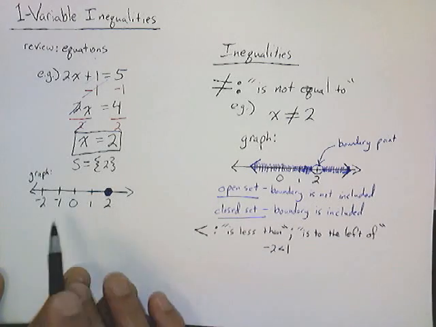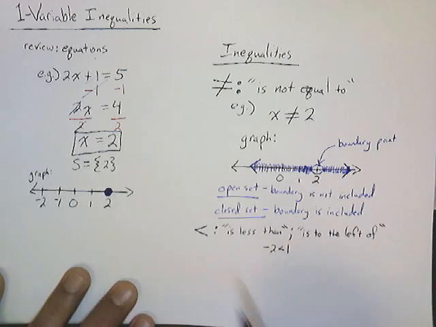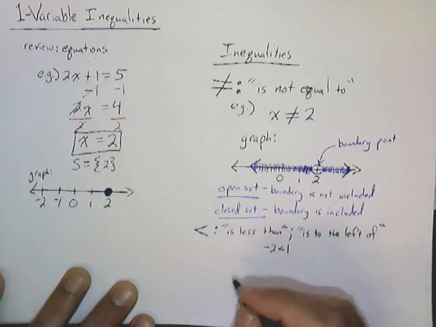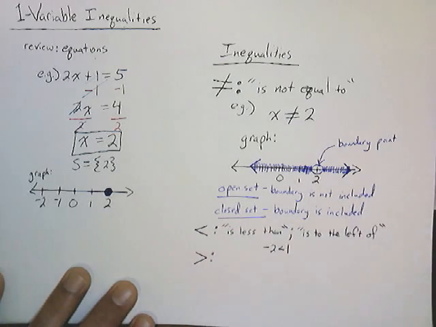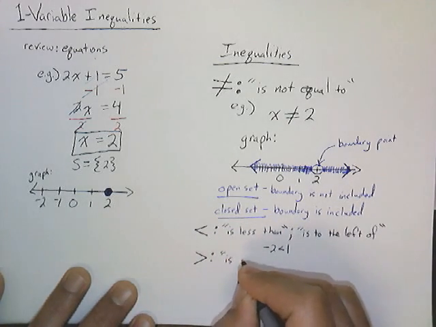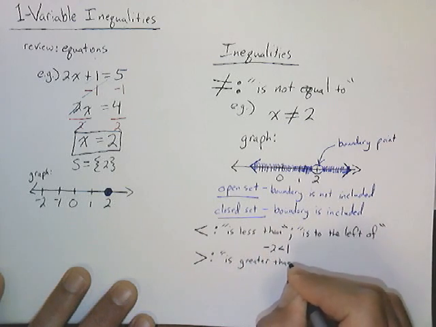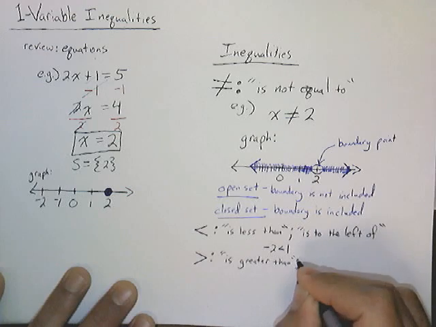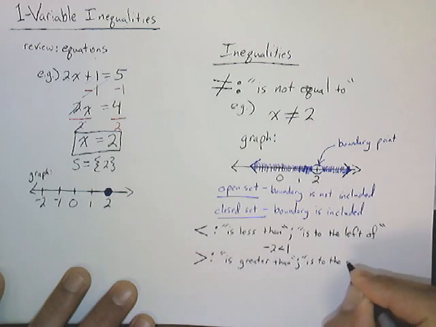But what really matters is the position relative to each other on the number line. So that's one inequality. Then we also have this one, which of course means is greater than, or, of course I prefer, is to the right of.